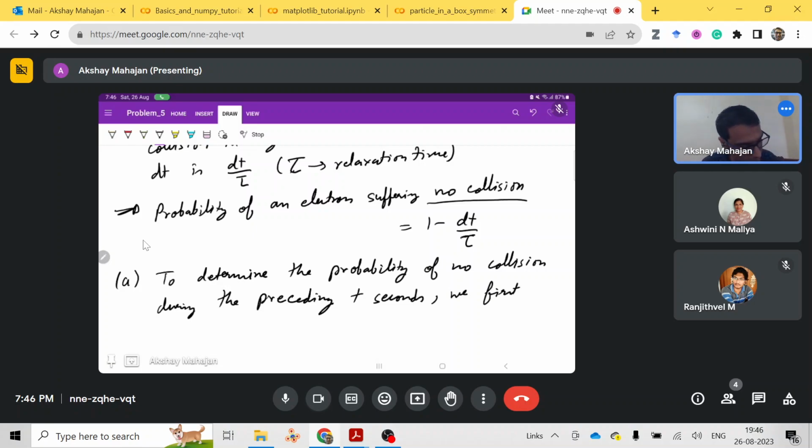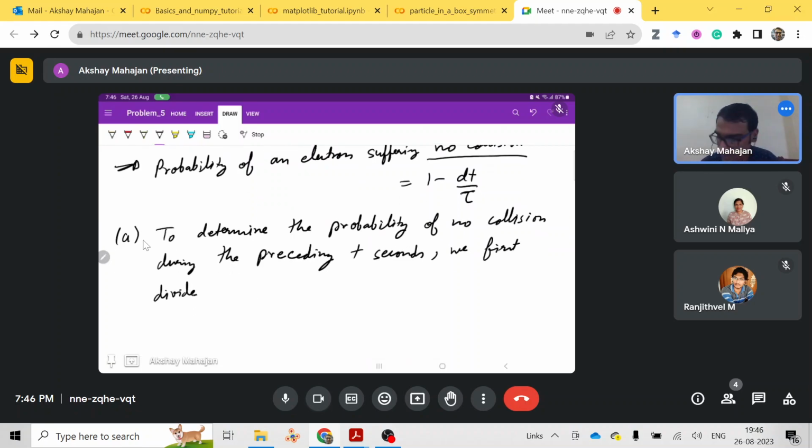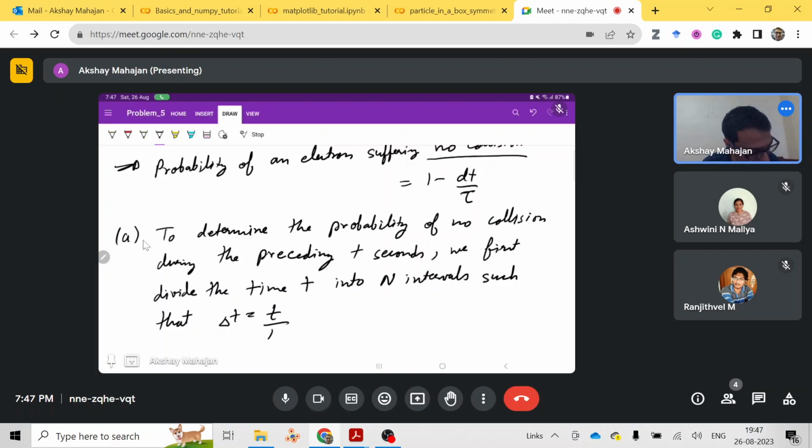We first divide the time t into n intervals such that delta t is equal to t by n.